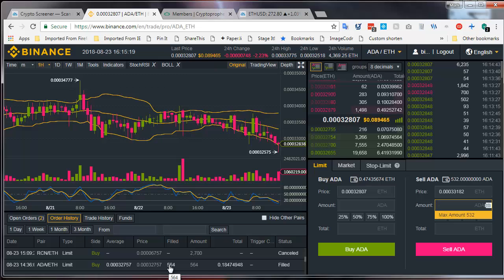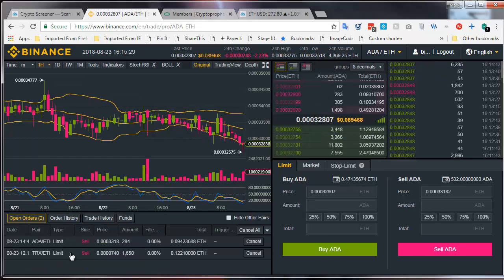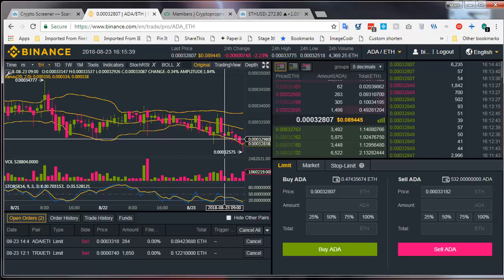So 284 is the amount that I would need to put in, and that will then become my sell order. Hit the sell button. So you should see there I have my ADA at 3318. 284 was the amount, so I am aiming to sell half of it at 3318.